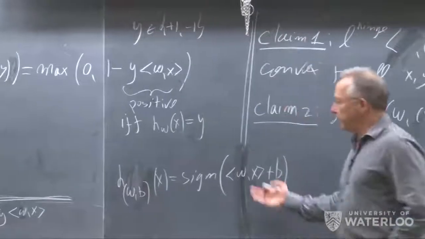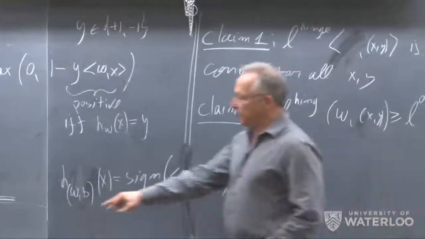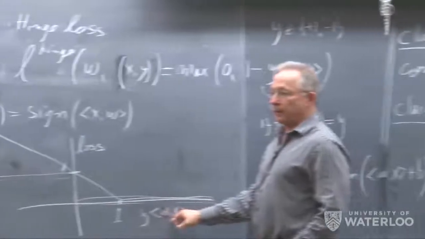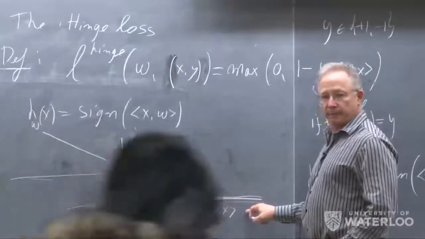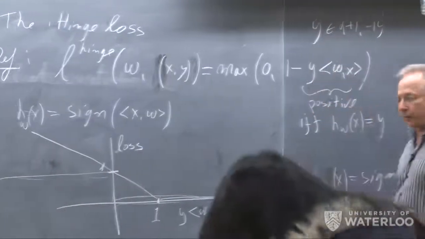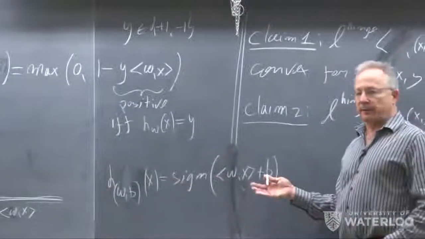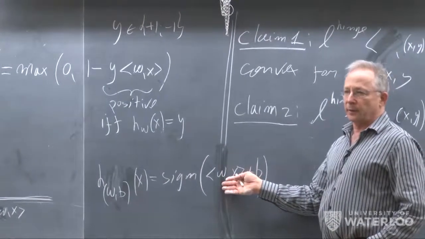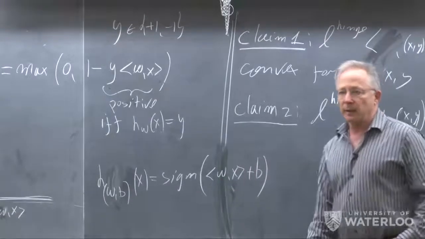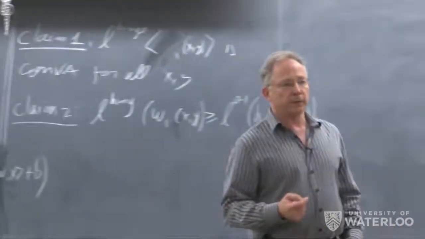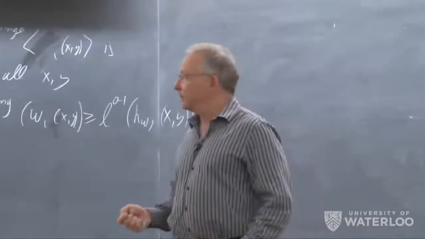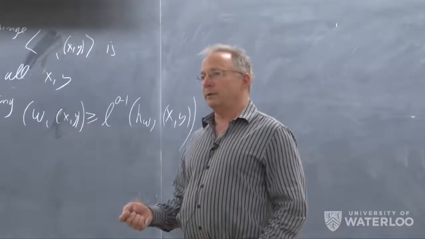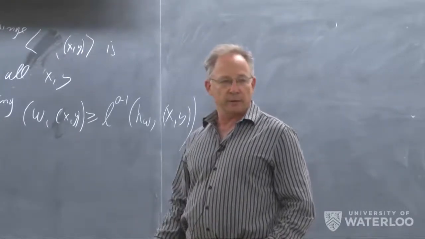And I can talk about the hinge loss of this. It's just that anywhere I have w, I'll replace it with wx plus b, because my prediction is with the vector wx plus b. But without loss of generality, we can settle for homogeneous half spaces without a b. OK, so that's the hinge loss. That's a loss that we are going to use to get convexity, to get efficiency of the computation.